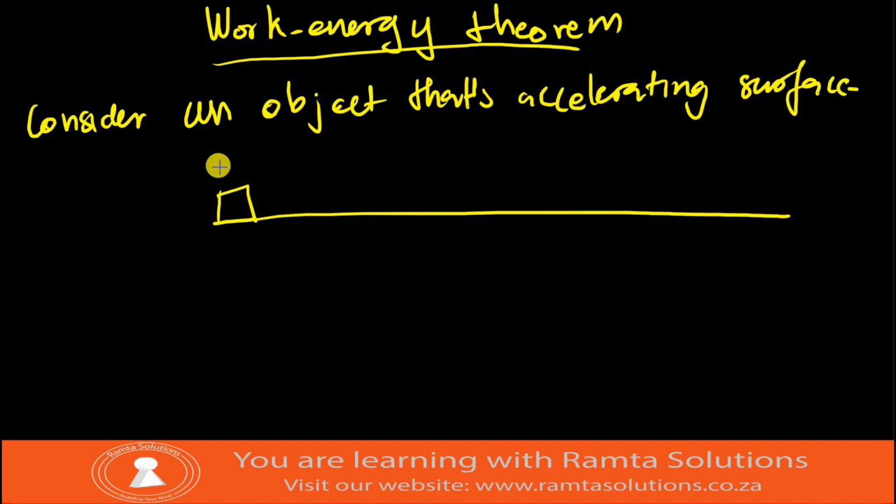This is our object with its initial velocity, and then it travels for some displacement delta x, and then we also want to find its final velocity at this point here.